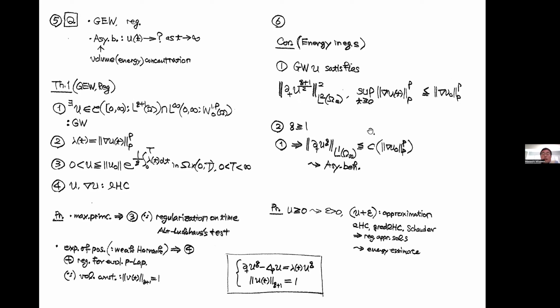This is just the energy inequality for our weak solution. If q is larger than or equal to 1, then the first energy inequality gives us that the L1 norm in time of the time derivative of u to the power q is bounded. This is a little bit important for investigating the asymptotic behavior of our solution. This is the global existence of the solution, regularity, and energy inequality.